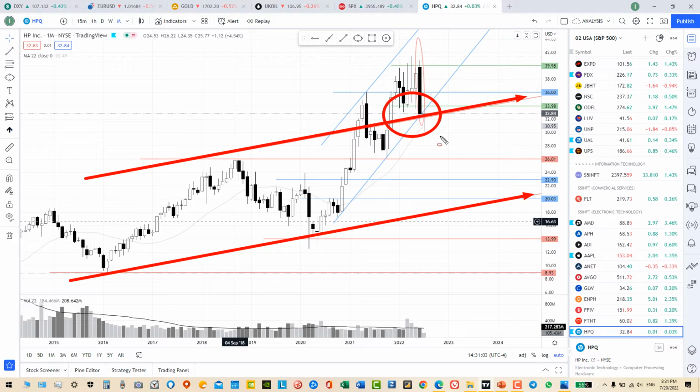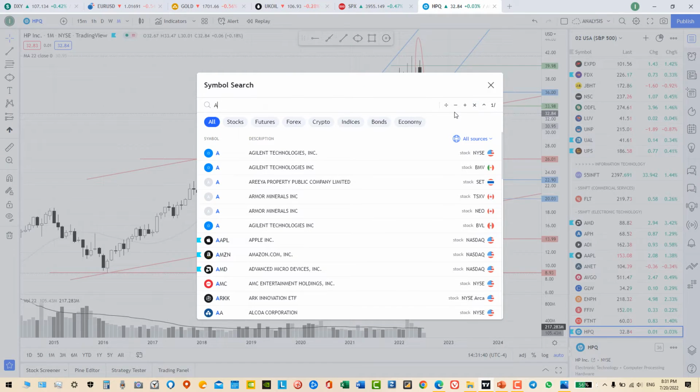That's it for the market structure. Any break below the mega channel line will be considered bearish over the monthly chart.